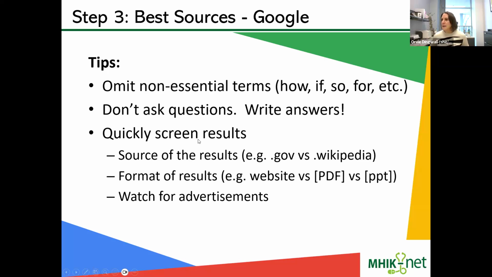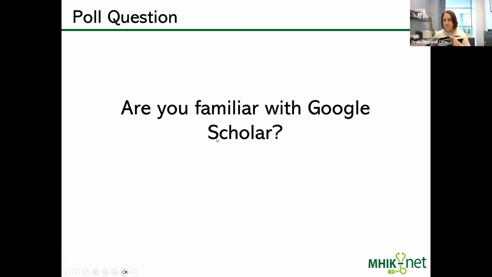And you can quickly screen those results, as I already was doing just out of habit, which is just quickly look at what kinds of results and what sources are coming up in this result list.